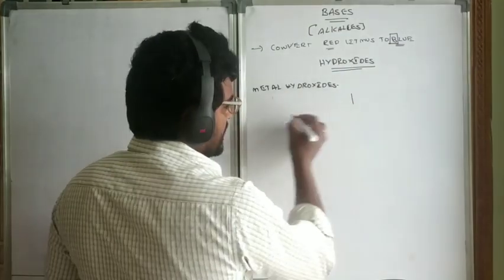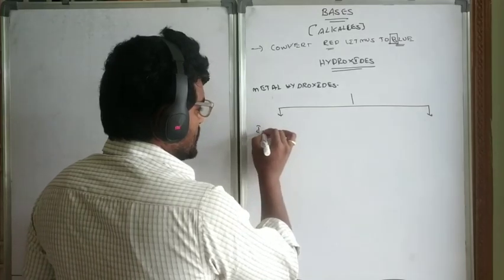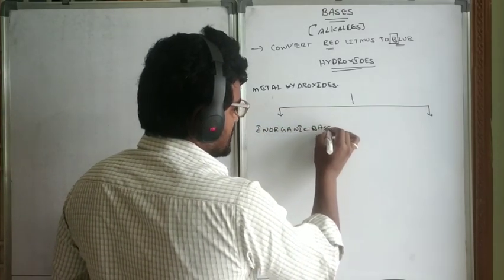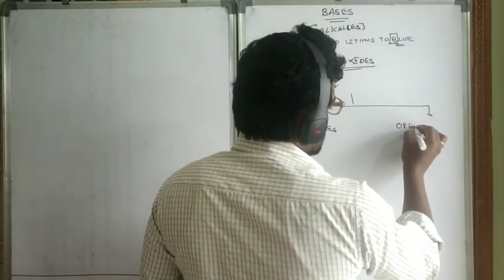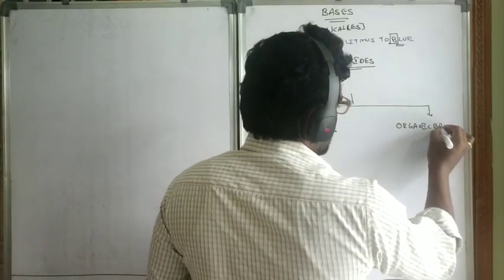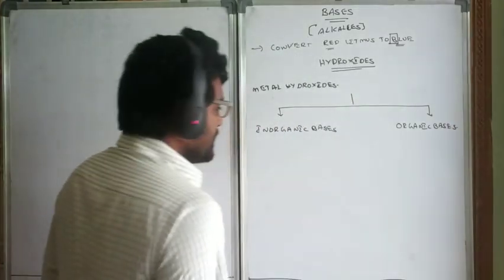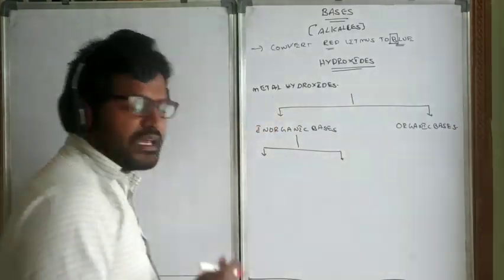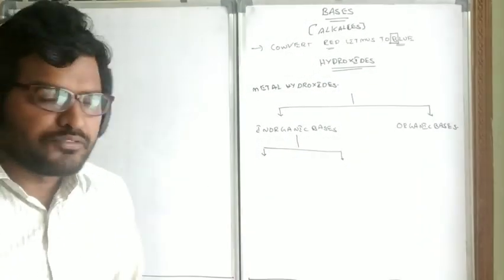In the same way, we can classify the bases also into two categories: inorganic bases and then organic bases. Inorganic bases further can be classified into two categories based on the chemical formula.